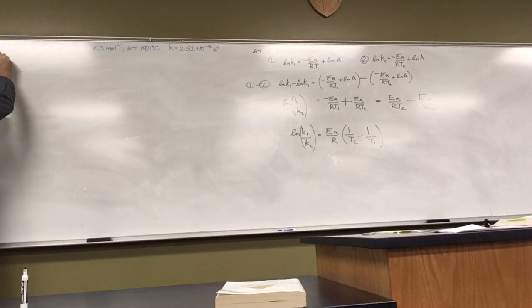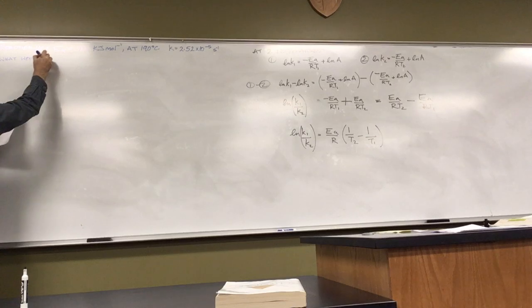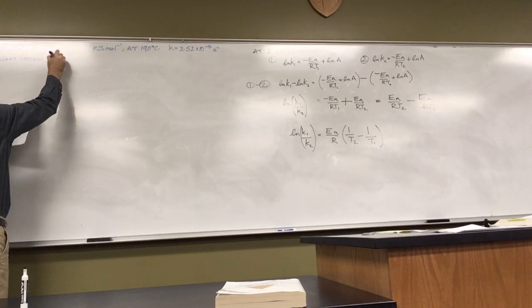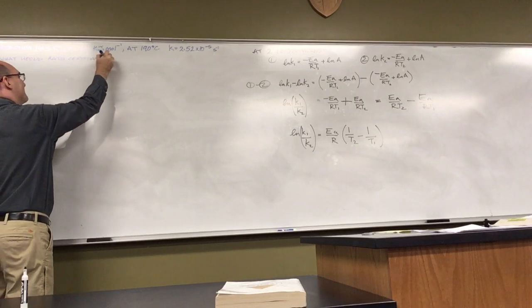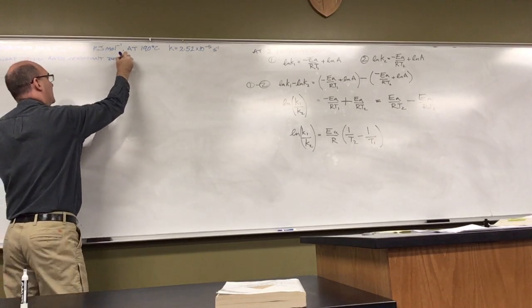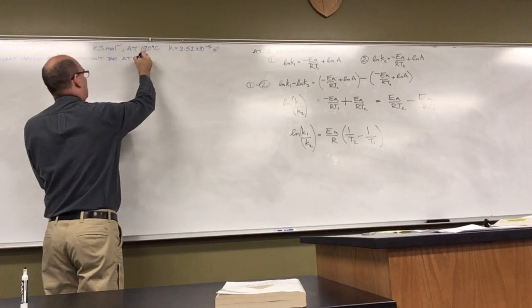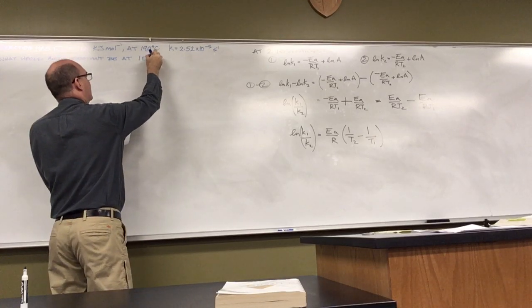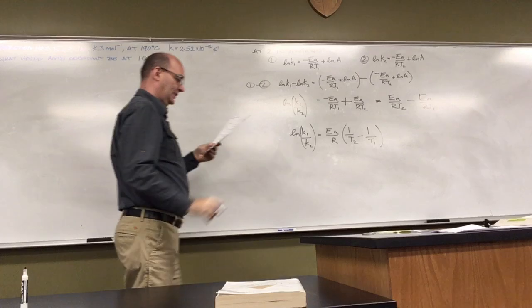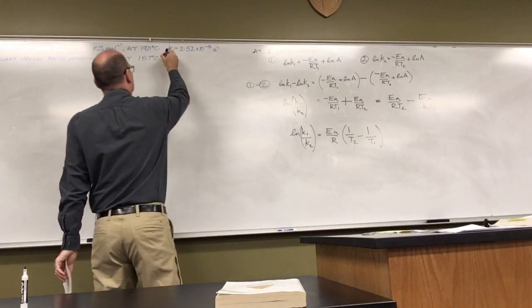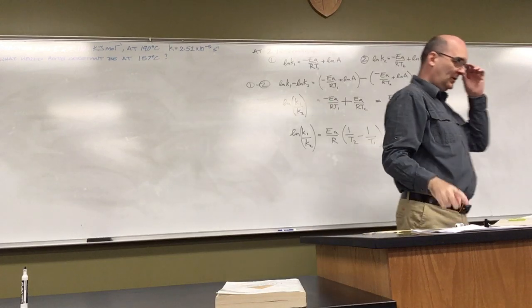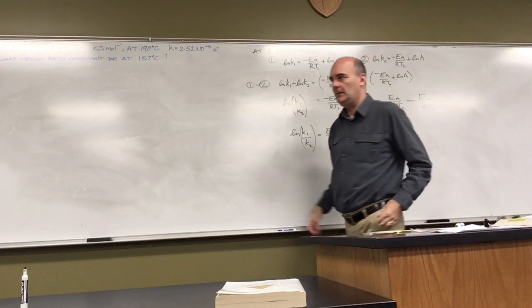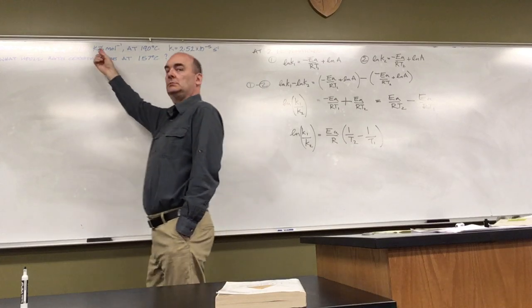Okay, here's the question. What would the rate constant be at the new temperature of 157 degrees Celsius? Okay, so we're given data that is universal to the reaction.